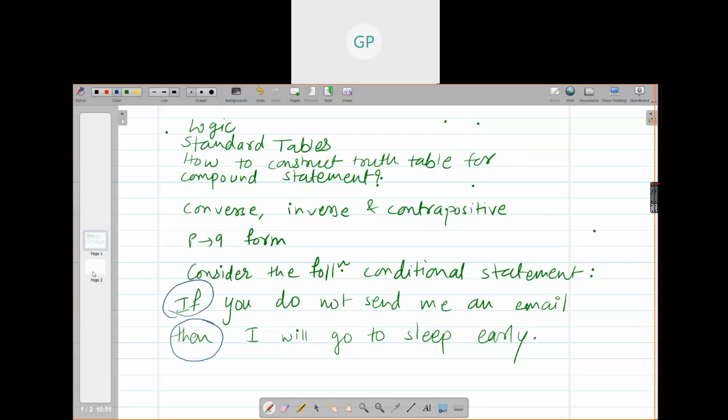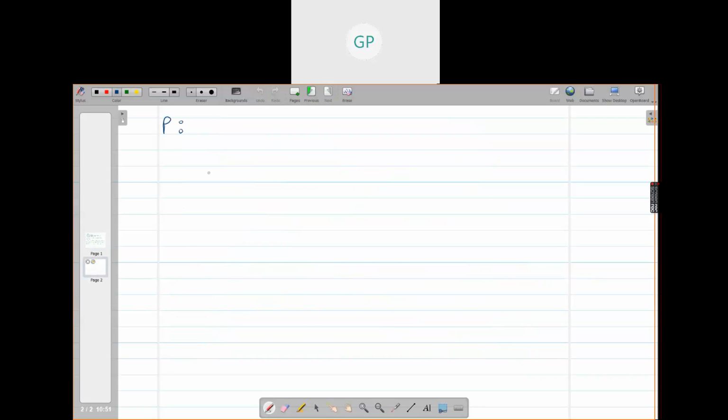From this, you have to find out the simple statements. You have to find out the propositions. There are two propositions which we have connected using the connective if then. Okay? The conditional connective if then. So, which proposition will you consider as P?